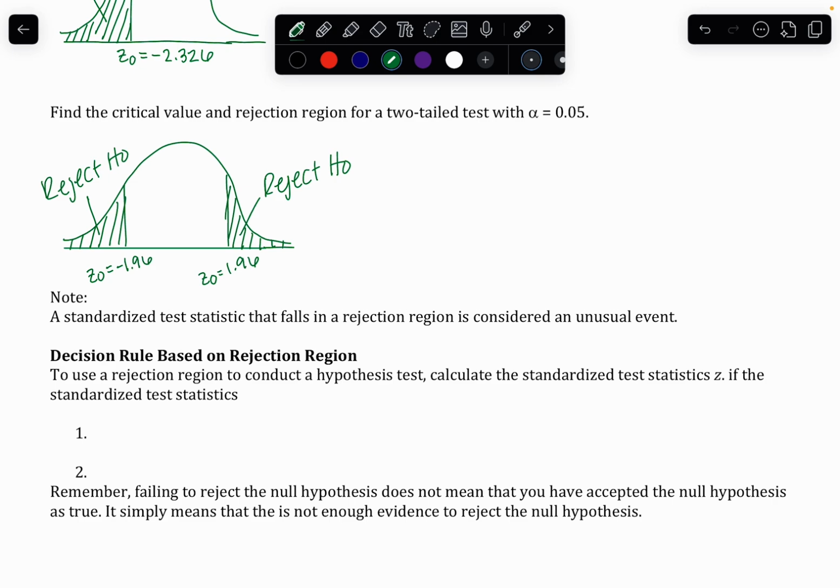If we write the rejection region as an inequality, we have z is less than negative 1.96 or z is greater than 1.96. That's going to represent both of our tails. Something to note, a standardized test statistic that falls in a rejection region is considered an unusual event.